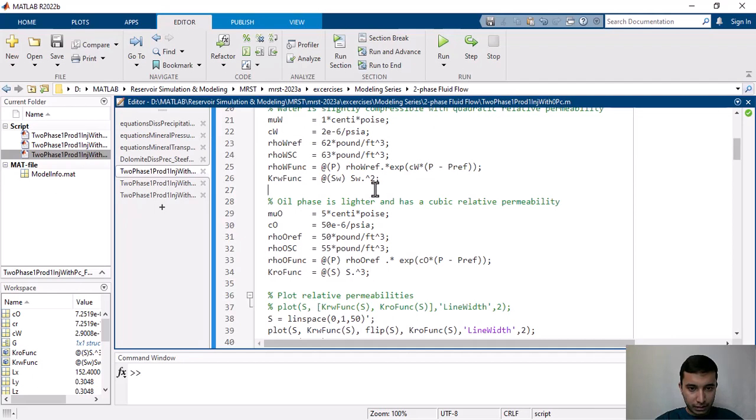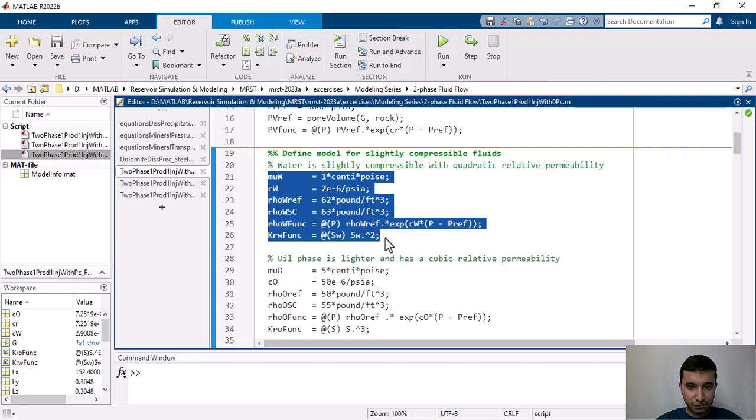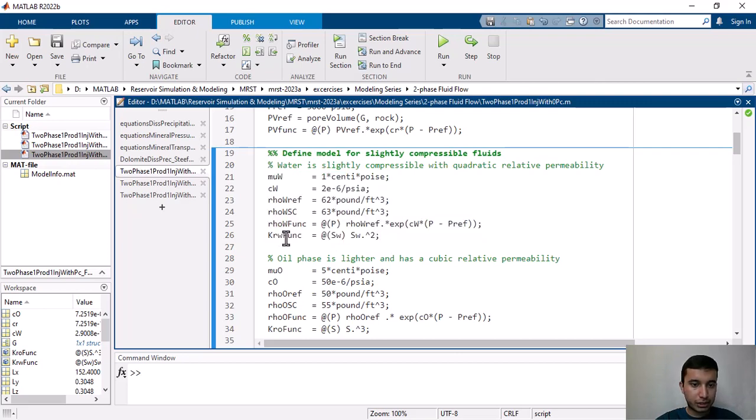There's also another difference here. For specifying the properties of each of these phases, I've also specified another property, which is the relative permeability of each phase.